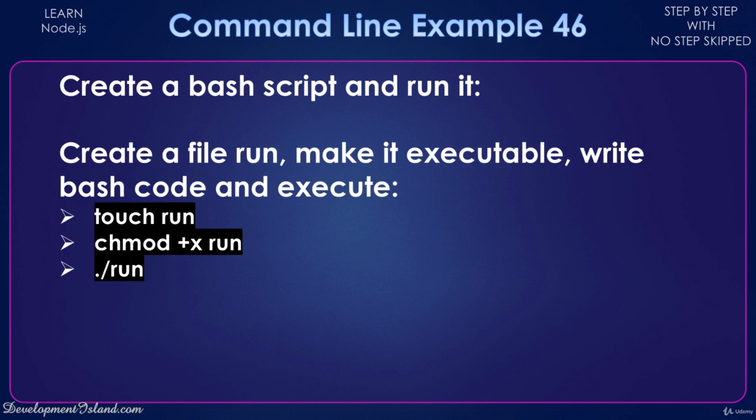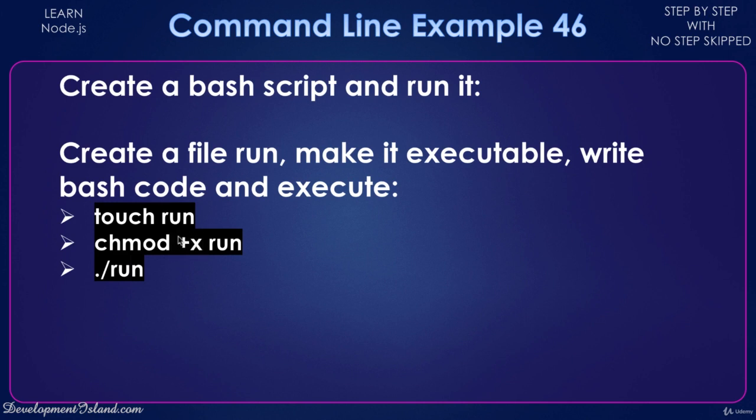Now you're going to create a bash script and run it. This is going to be an executable file which you will create on your computer and make executable, and then run it after writing some bash code in it. I'm going to explain what bash code is. First we're going to create the file: touch, file name, and then you would add the execution permission to all users.